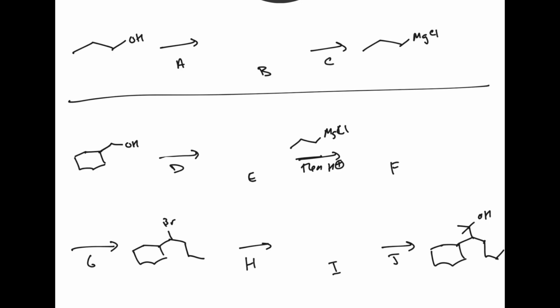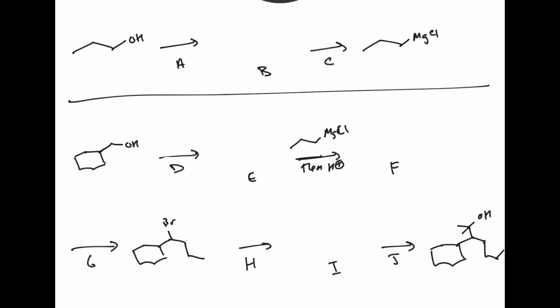All right. Let's do A, B, and C. So what do we got going on up there? What do we need to be able to do here? I need to be able to turn my alcohol into something that I can make a Grignard reagent out of. So what do I need to turn the alcohol into? So what would B be?